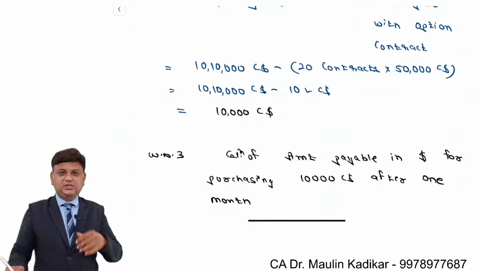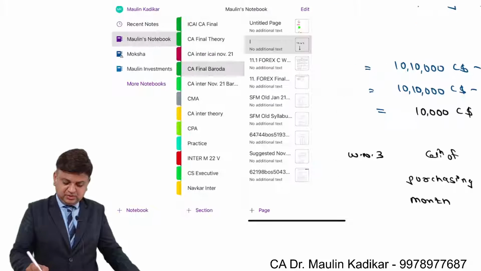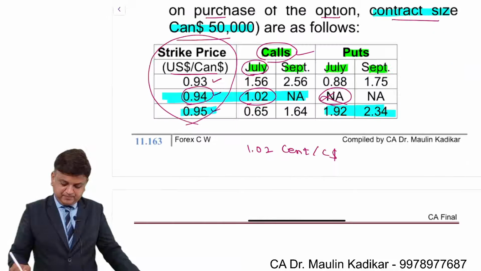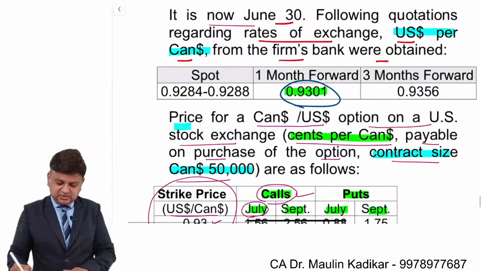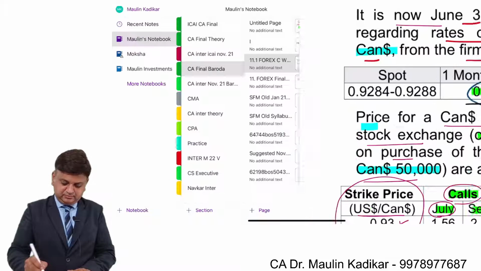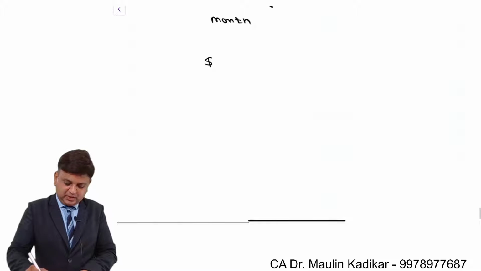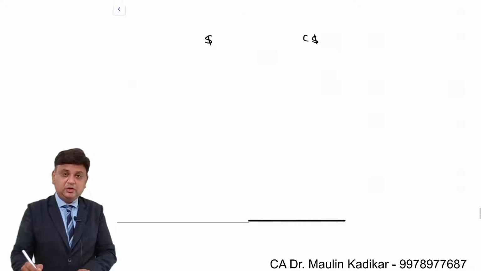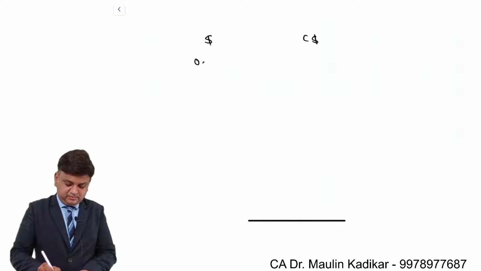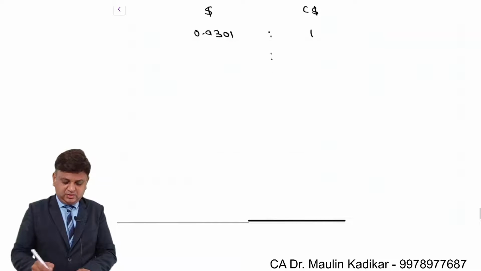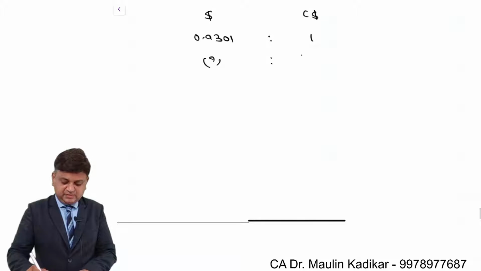And friends, for this we are assuming the spot rate itself would be the rate at which we will buy it. So that is 0.9301 dollar for every 1 Canadian dollar. So this is the amount of dollar for purchasing 10,000 Canadian dollar.